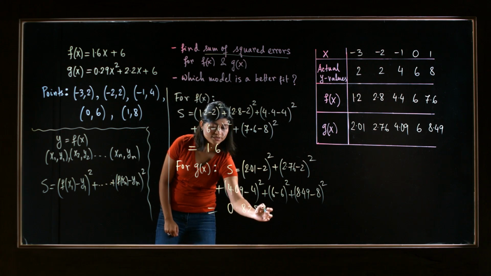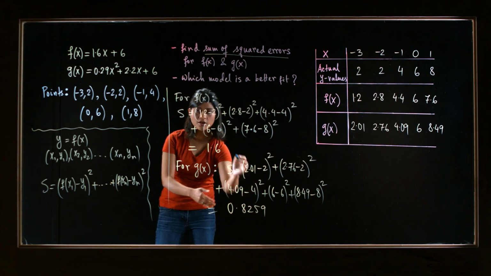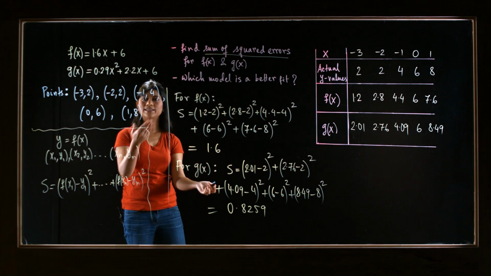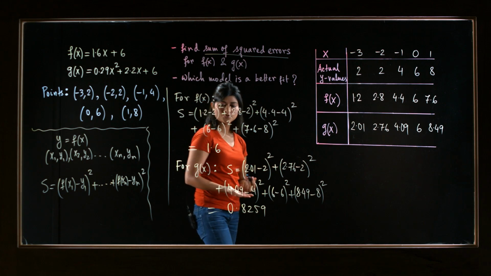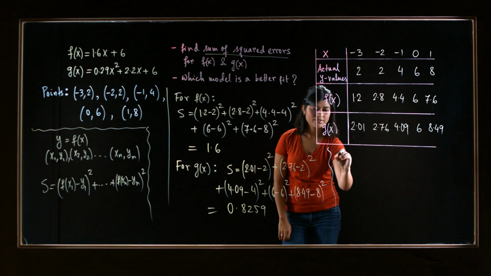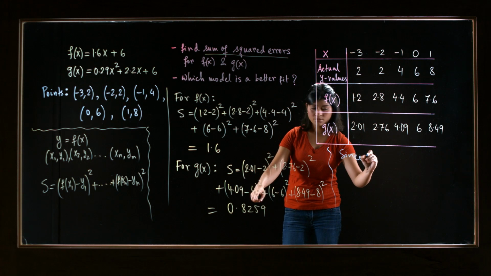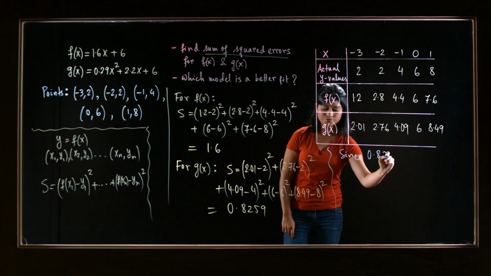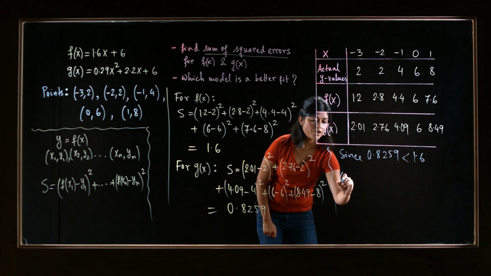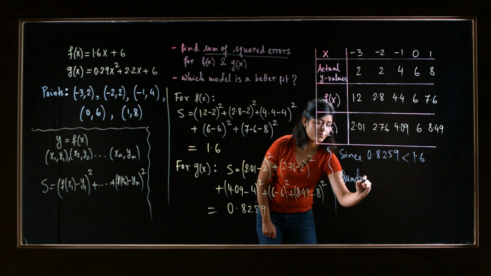And you see this number for g is smaller than the one for f. So the error for g will be less than the error for f. So obviously g will be a better fit. So since 0.8259 is less than 1.6, the quadratic model is a better fit.